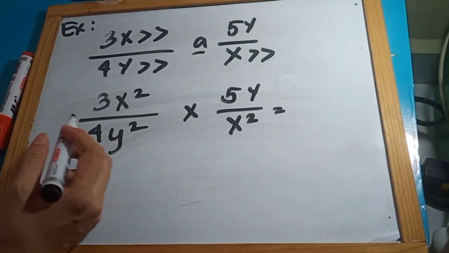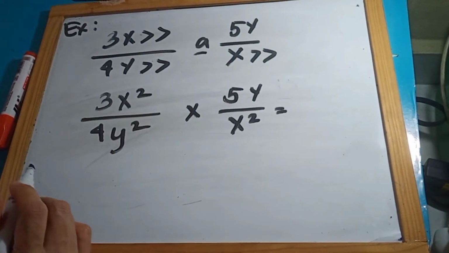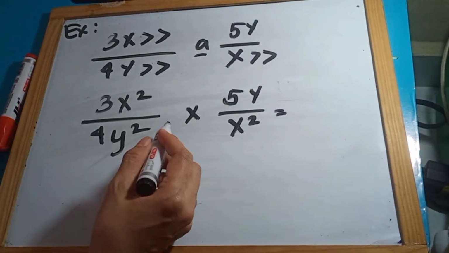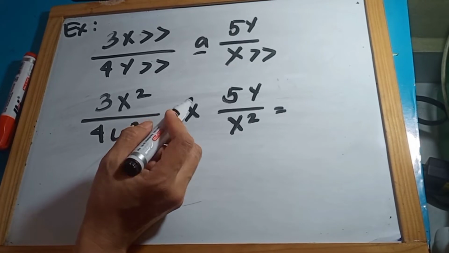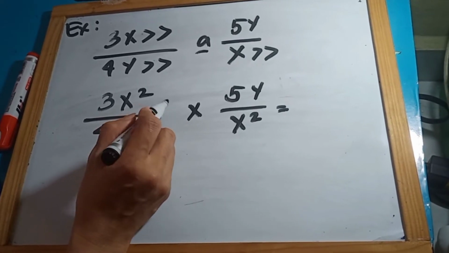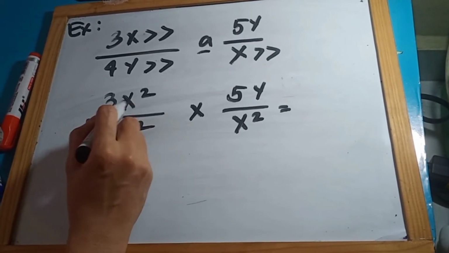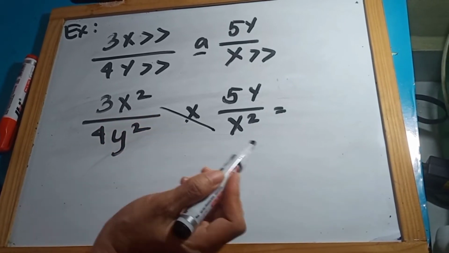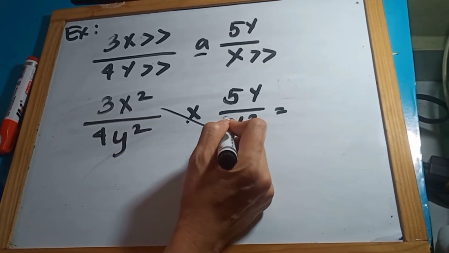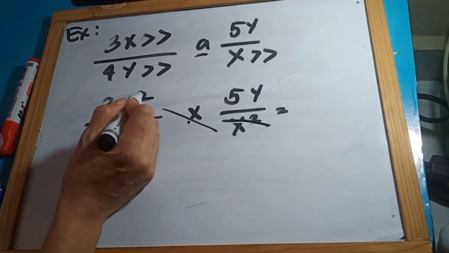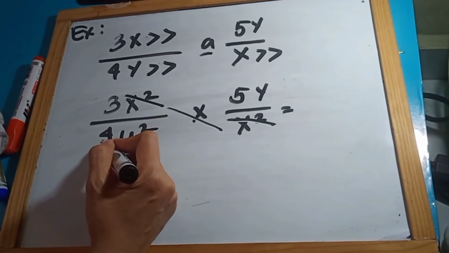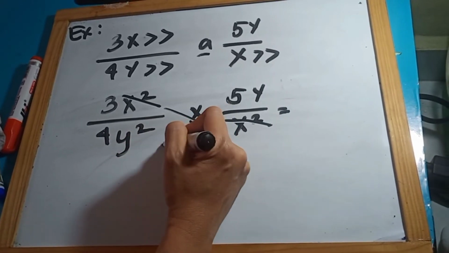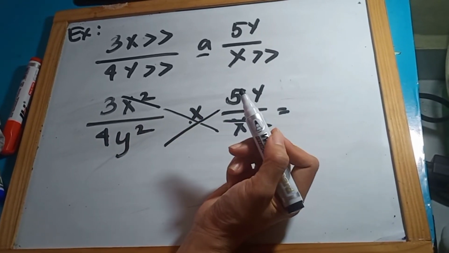Alright, since we have two fractions here, so fraction multiplied by another fraction, ano nga ulit ang gagawin natin kapag ganito yung given? So, simply cross multiplication. So, 3x squared times x squared. Cancel na natin si x squared at saka si x squared. And then, sa kabila naman, 4y squared times 5y.